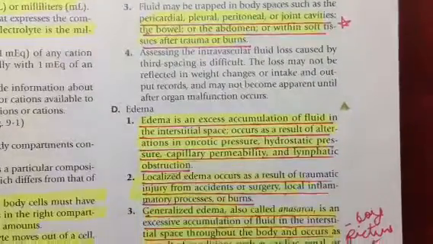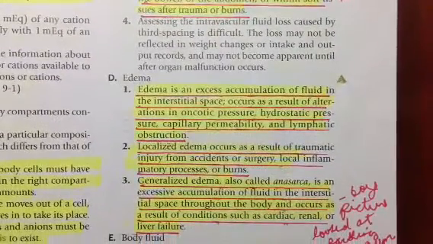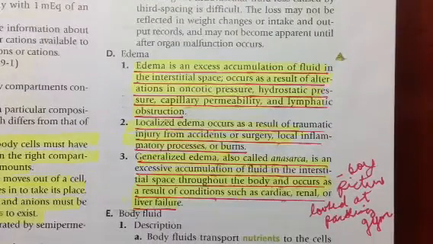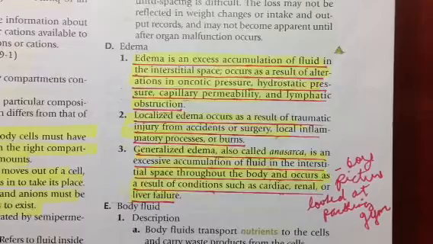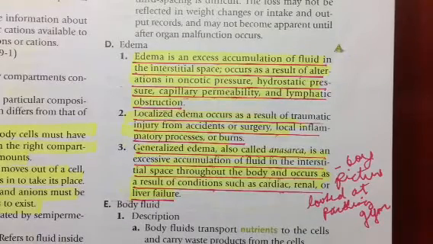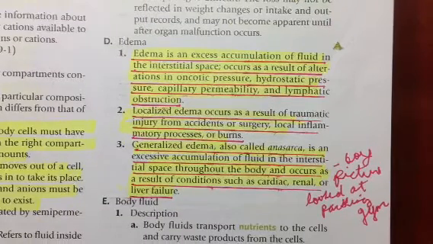Edema is an excess accumulation of fluid in the interstitial space. It occurs as a result of alteration in oncotic pressure, hydrostatic pressure, capillary permeability, and lymphatic obstruction. Localized edema occurs as a result of traumatic injury from accidents or surgery, local inflammatory processes, or burns.